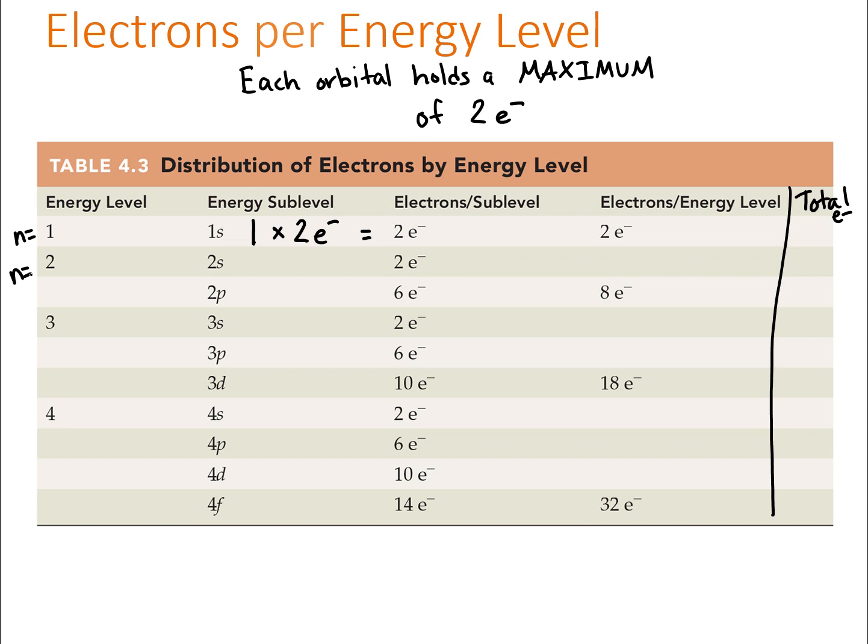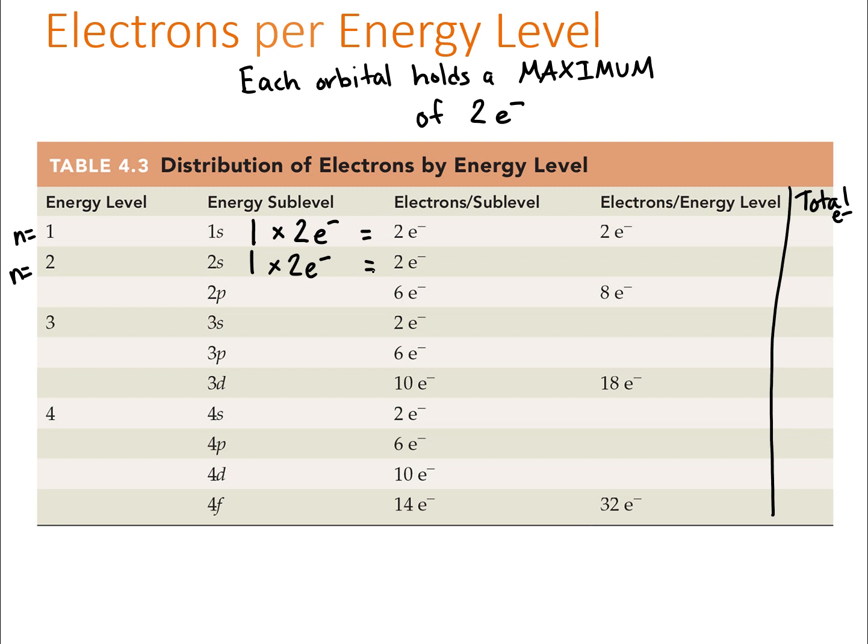Now we're looking at n equals 2. We've got 2 sublevels here, the s and the p. You'll need to know how many orbitals are in the s versus the p versus the d and the f. S sublevel means one orbital, so you get 2 electrons in that sublevel.